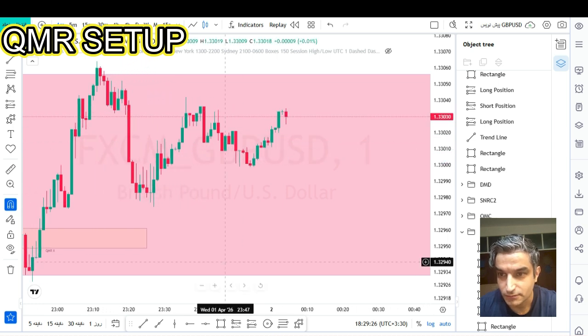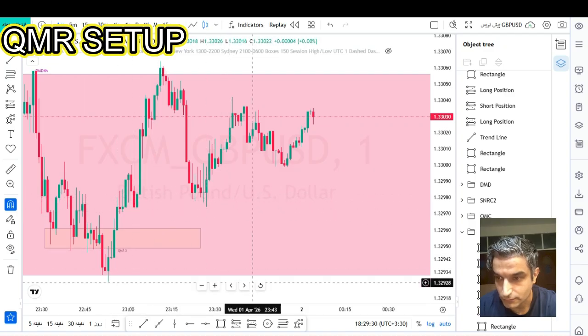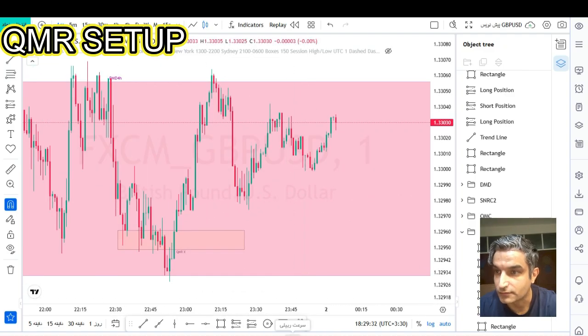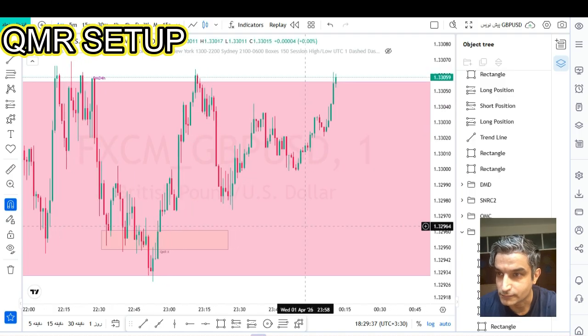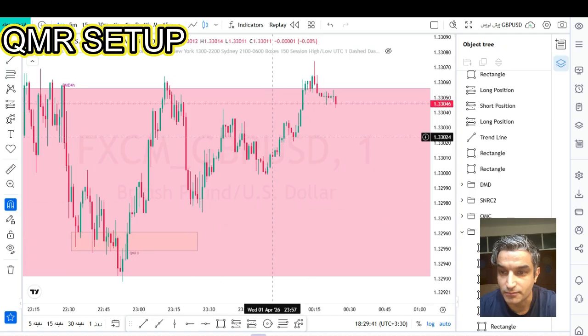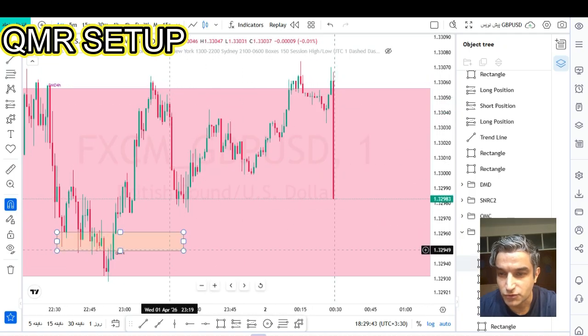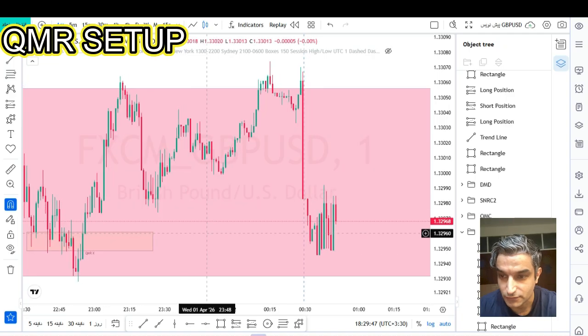Price is playing in this area. And when price takes a long time to come back to our area, we should be aware and a little more careful.